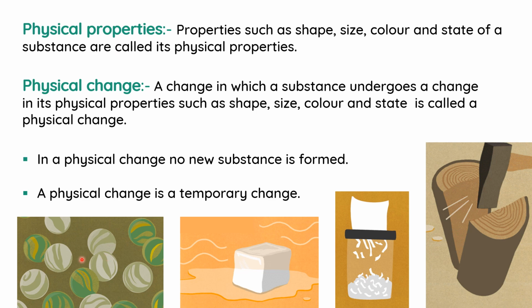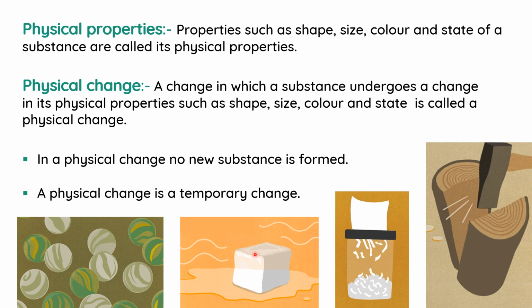First it is white marbles and green marbles separately, and when we mix them together we can see that change. But is any new substance formed here? No, here no new substance, only white marbles and green marbles mixed together.